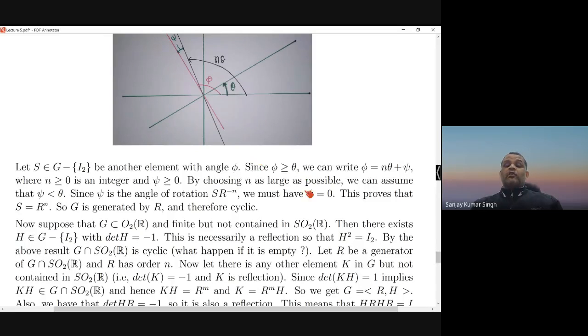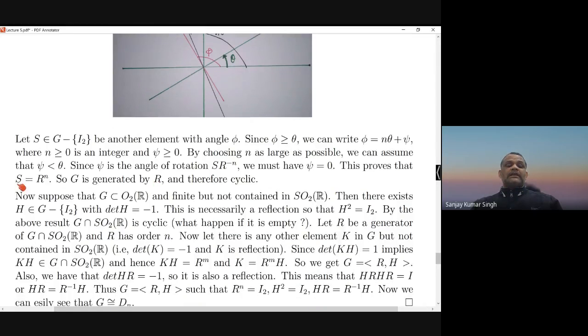But psi is smaller than theta, and theta was the smallest in the group, and this element is also inside the group, so it forces psi to be 0, and this proves that s equals r to the power n. It means any element of this group G is written as a power of the rotation r.